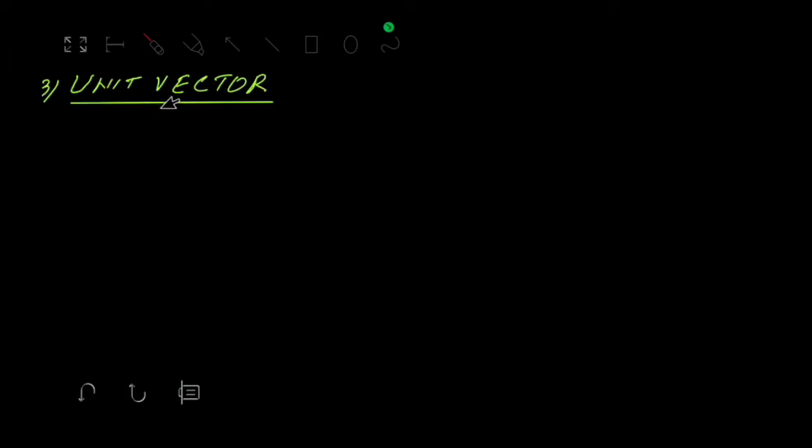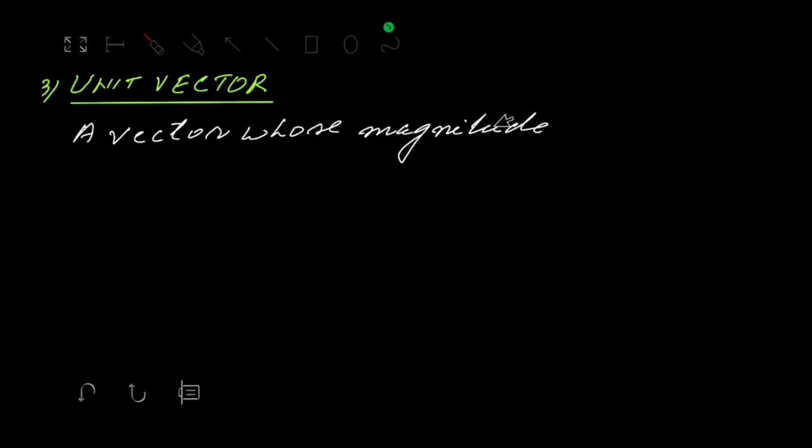Now let us talk about unit vector. A vector whose magnitude is 1 is called a unit vector.